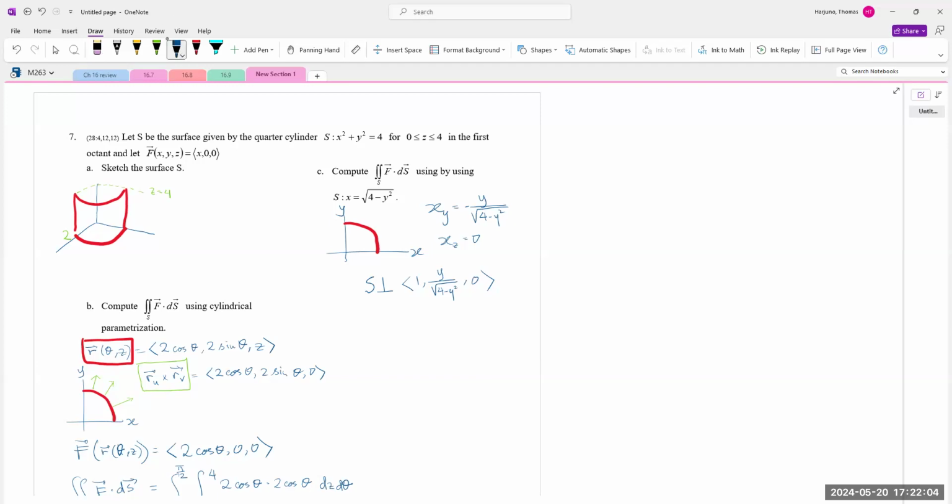How about the vector field? Vector field on that surface S will be, what's the x? Just x. Hold on. Of surface S, which is square root of 4 minus y squared, comma 0, comma 0. Right? That's the vector field.